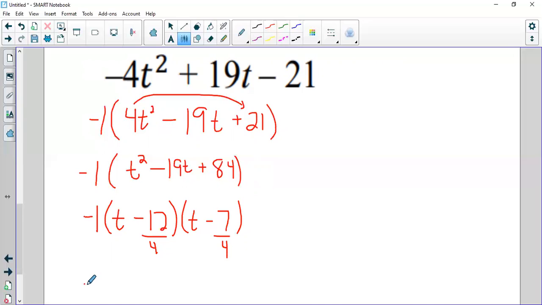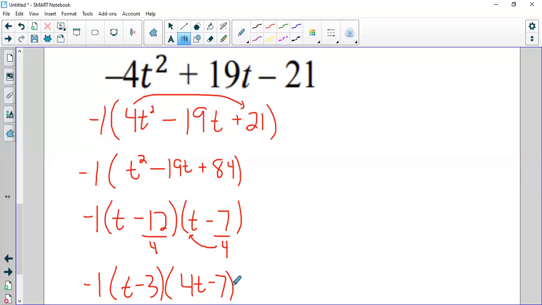And my final answer is going to be -1 on the outside of these parentheses times, this simplifies to become exactly 3. Nothing to slide there. t minus 3. This does not simplify, so I'll slide it up. 4t minus 7.